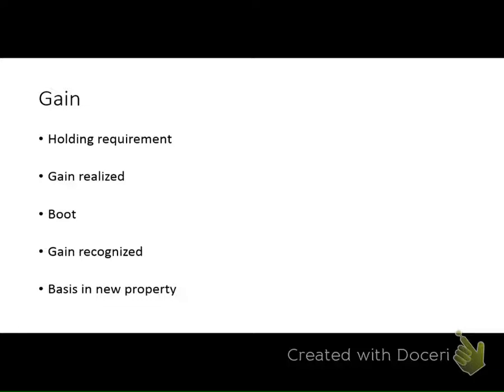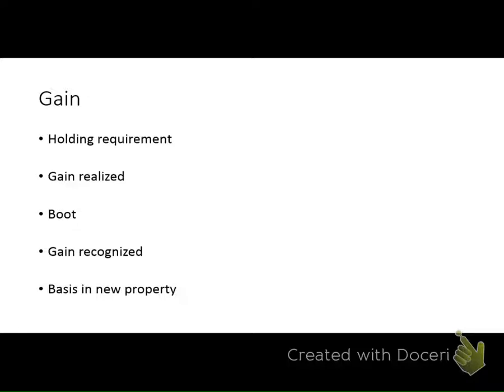1001C tells us that generally if we realize gain, we recognize gain. So the difference between gain realized and gain recognized, generally there isn't one. Generally anything realized is going to be recognized. The difference occurs only in these types of non-recognition transactions. 1001C says that gain realized is recognized unless there's a provision that says otherwise, right?